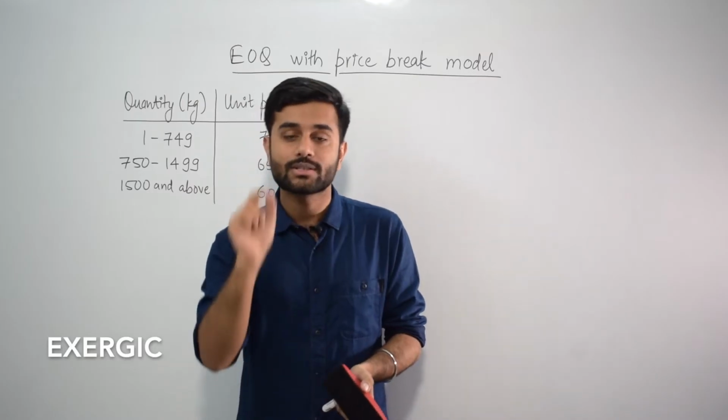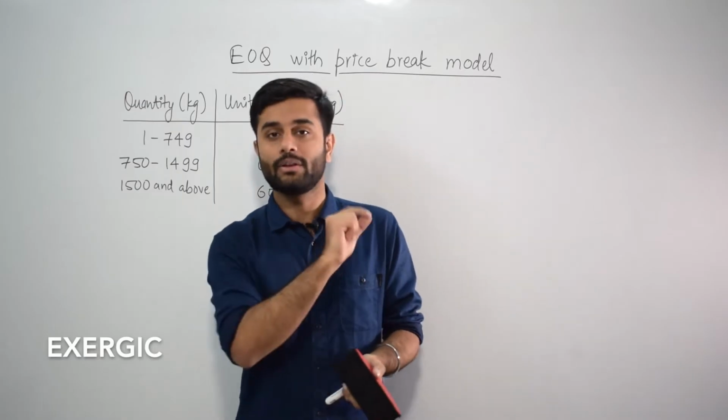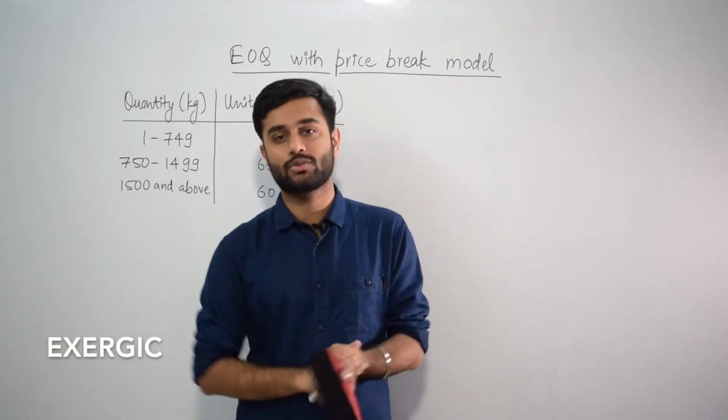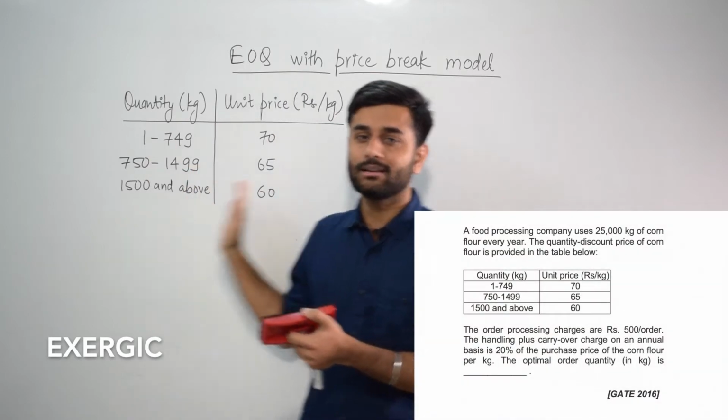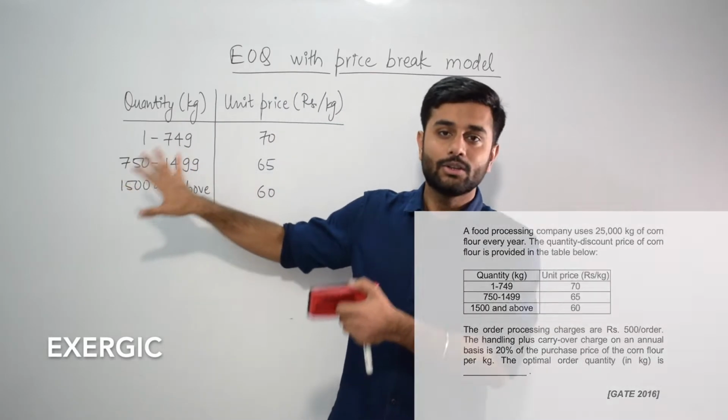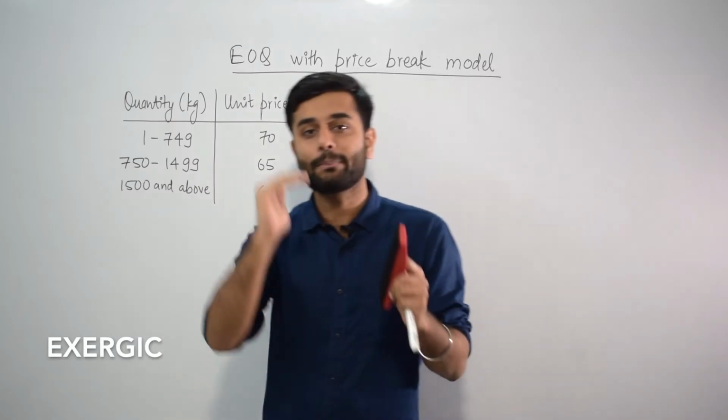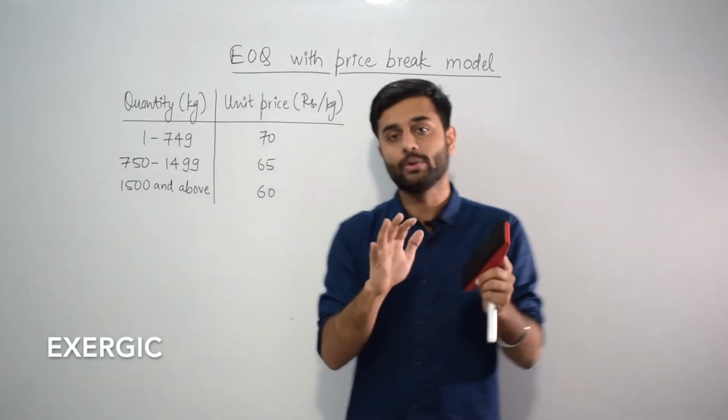And that is what was given to you in the question. In the previous year question that I just showed a picture of, the same table was written, and in a similar way you will be given some table, some price slab in the question.